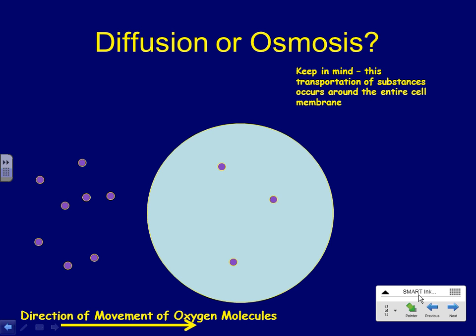Yeah, this is diffusion, because it's the movement of not water, but of dissolved substances from an area of high concentration to an area of low concentration. And that would happen just naturally. So if you were to surround some cells with lots of oxygen, that oxygen would automatically move into the cells.